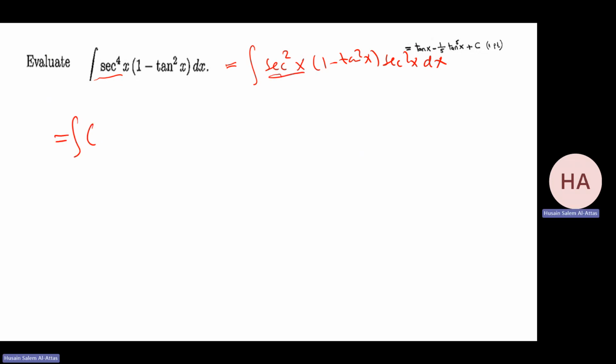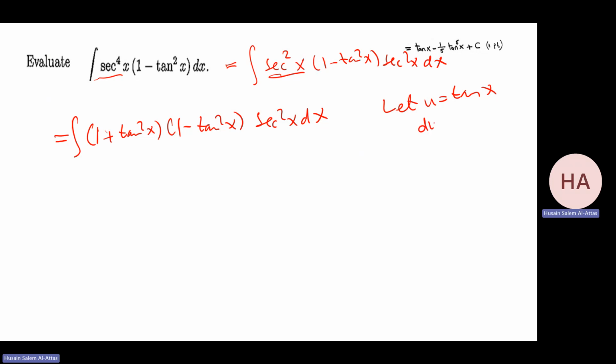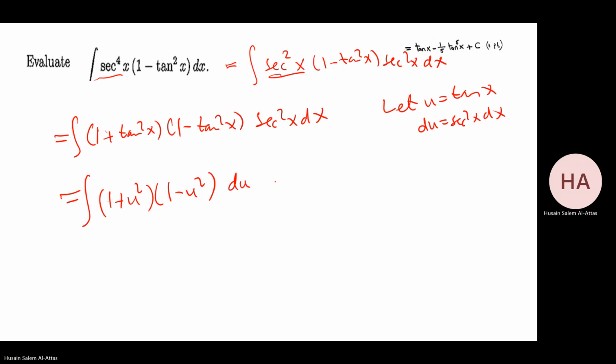That will be 1 plus tan square times 1 minus tan square, secant square x dx. So I let u to be tan x, du will be secant square dx. That's it. So I have what? 1 plus u square times 1 minus u square du, which is 1 minus u to the power 4.